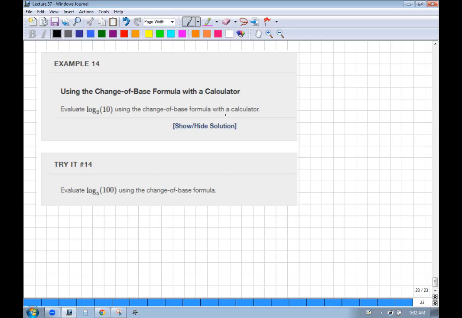You can use log base 10 or natural log. I would use natural log because it's 2 letters to write instead of 3. So I could do that, and I have to do natural log of the old base. If I did log base 10, it's log base 10 of 10 over log base 10 of the old base, right? The top here is just 1, right?